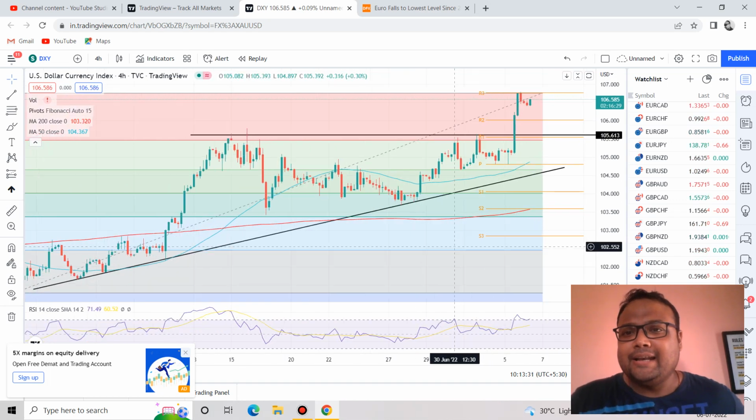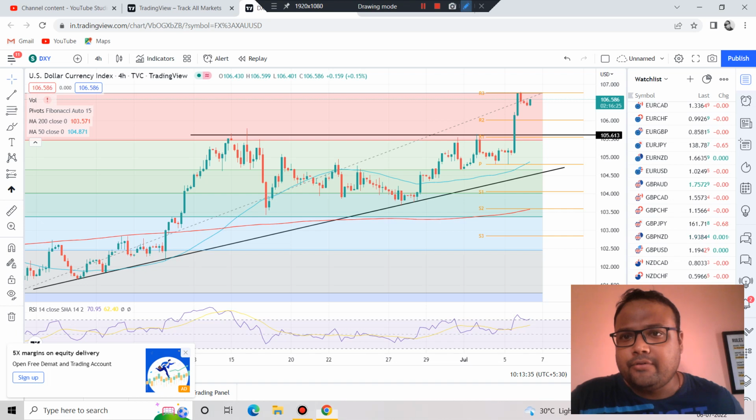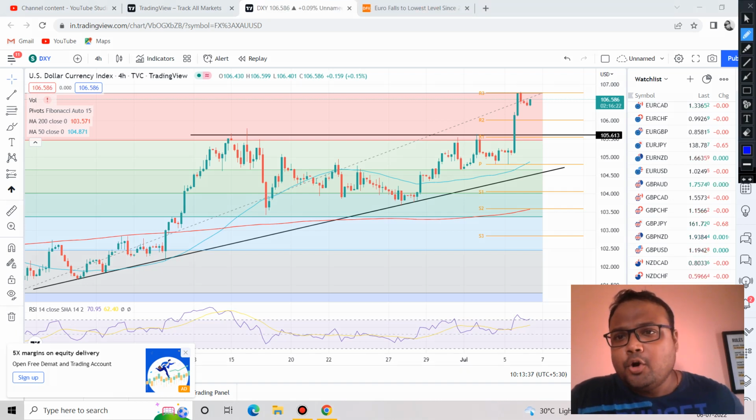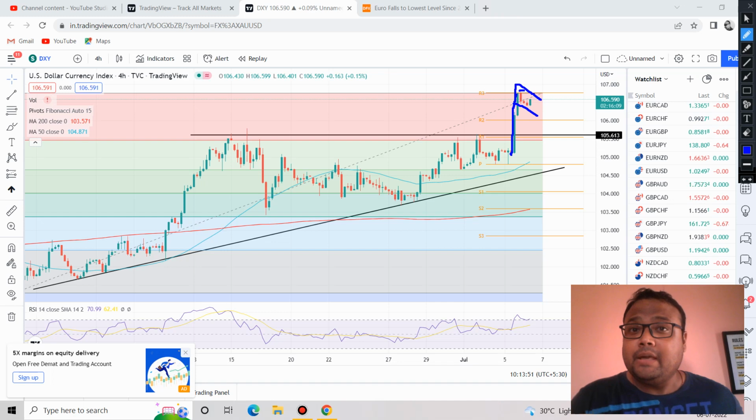If you observe the chart of DXY carefully, you can see that though we had some sort of consolidation, right now the market seems to be ready again. If you look at the market here, you can see that we have a bullish flag pattern, and if the market follows the bullish flag pattern, then obviously there will be a trend continuation and we may see further downside on Euro USD if the dollar starts going up again.